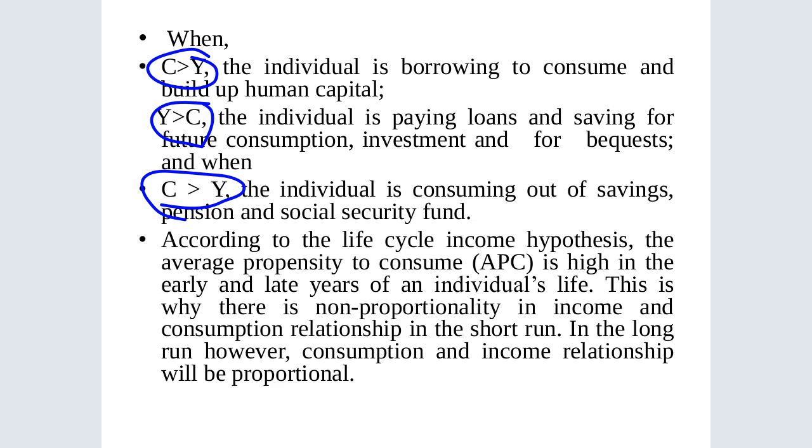Now, according to the life cycle income hypothesis, the average propensity to consume is higher in the early and late years of the individual's life. Now, this is why there is a non-proportionality in the income and consumption relationship in the short run. Now, in the long run, they are proportional.